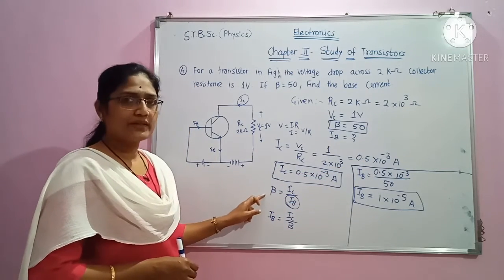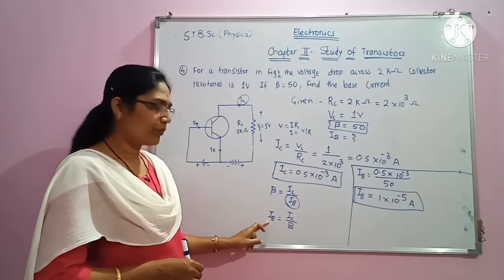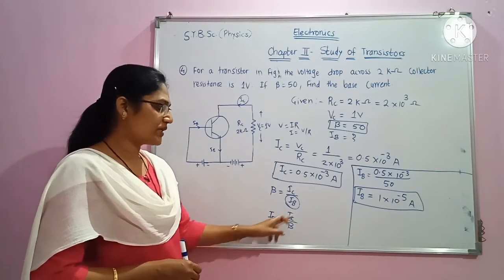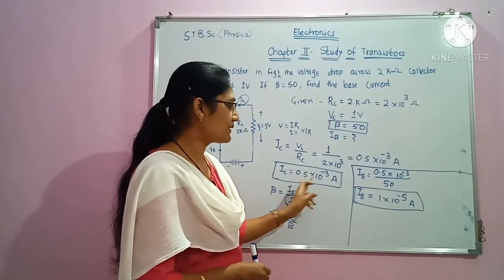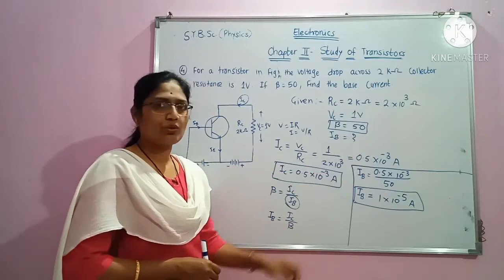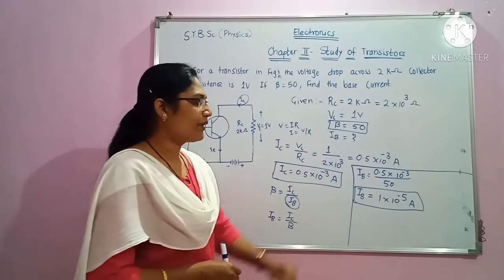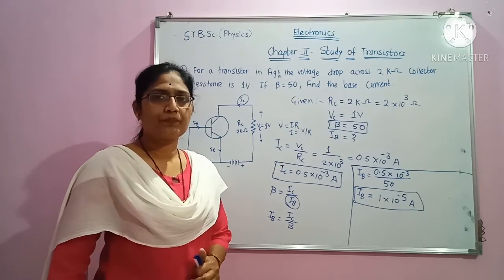We know that beta is equal to IC upon IB, and hence IB is equal to IC upon beta. We substituted the value of IC divided by 50, which is already given, and this IB comes out as 1 into 10 raised to minus 5 ampere.